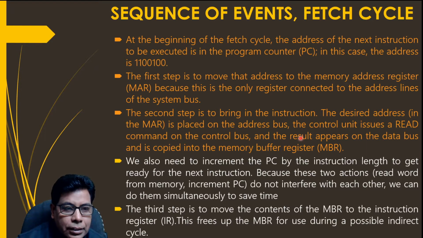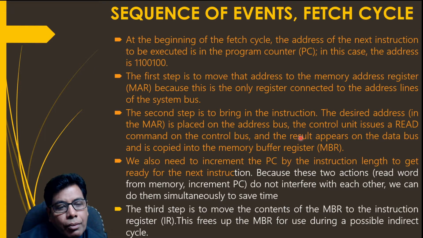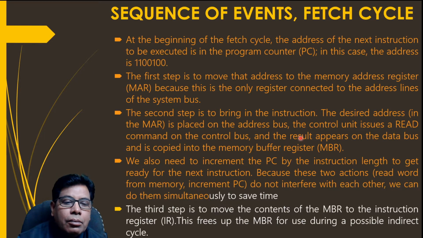Then we increment the PC by the instruction length to get ready with the next instruction, because these two actions, reading a word from memory and incrementing PC, do not interfere with each other. So this will be done simultaneously.